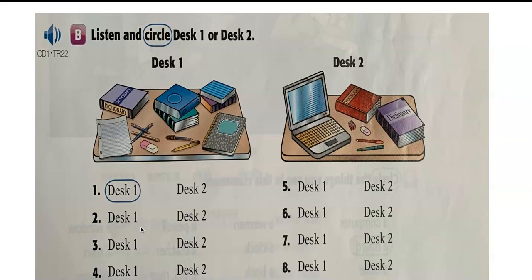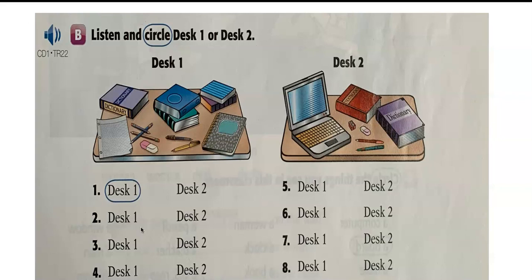B. Listen and circle desk 1 or desk 2. 1. There is a notebook on this desk. 2. There are pencils on this desk. 3. There is a dictionary on this desk. 4.